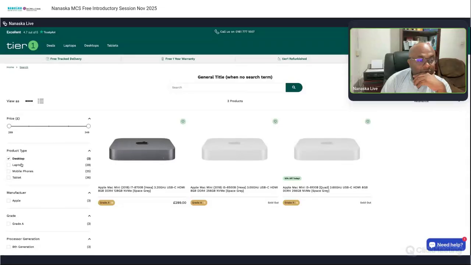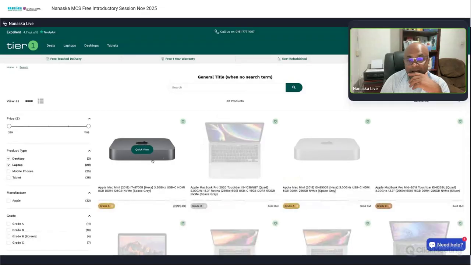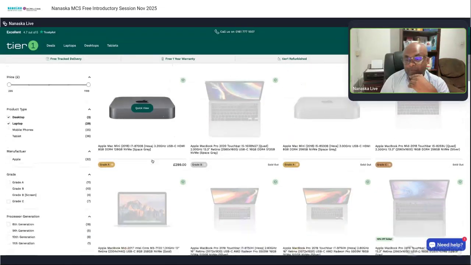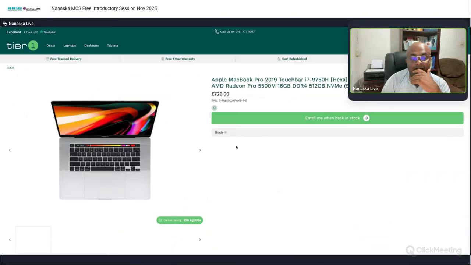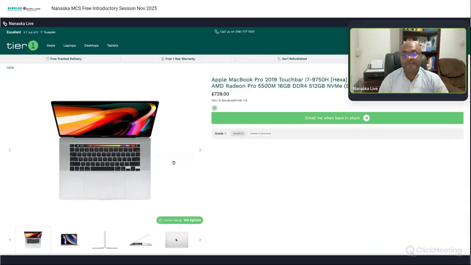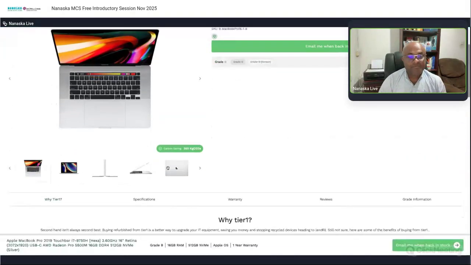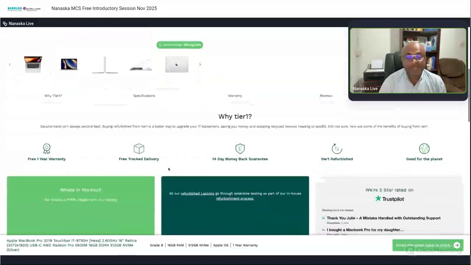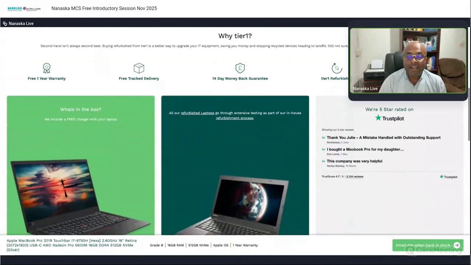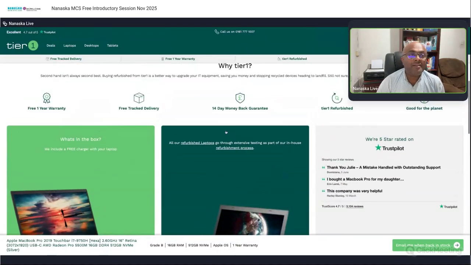We can click on the laptops as well. So these are the used laptops available. There's a picture of the laptop, and there's a price given. So it is a very nice business called tier 1 online.